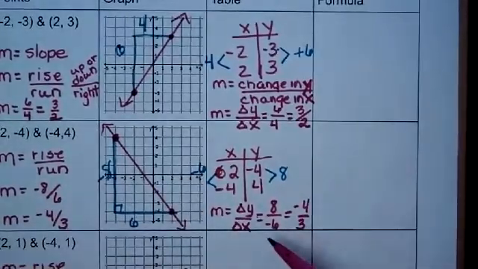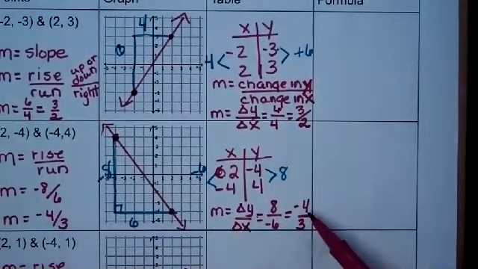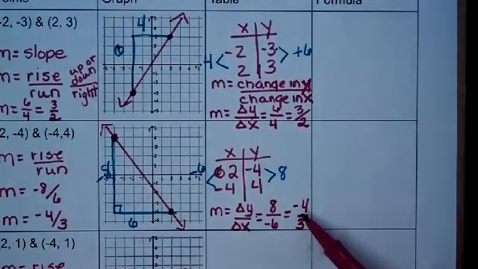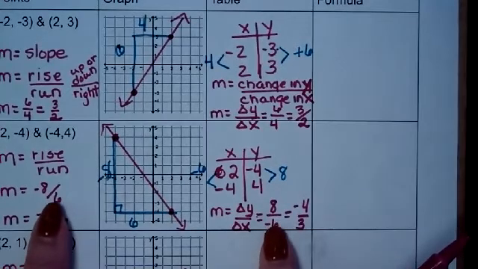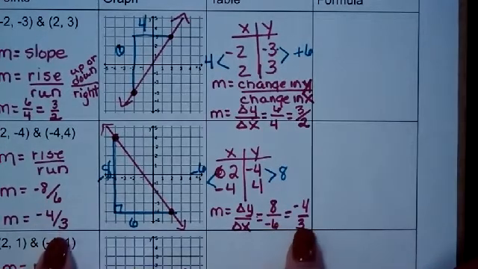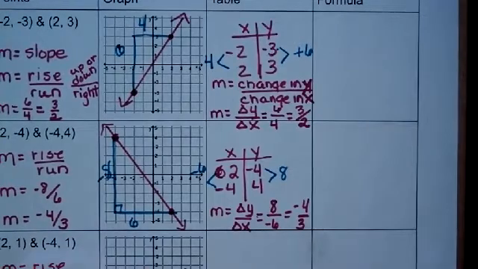Now, notice I shifted the negative to the numerator. There's nothing that says you can't have a negative in the denominator, but you will never find people who write it that way. They will always let the numerator hold the negative sign. Oh, well, look right here. That's the same. Wow, so I got the same answer.